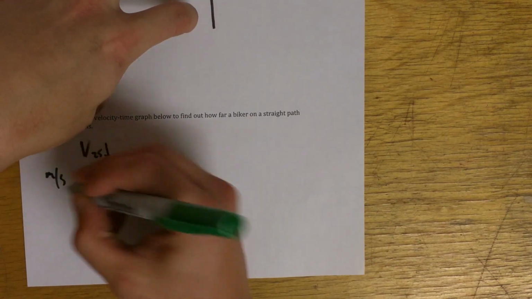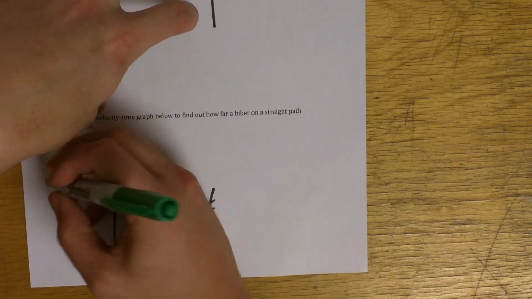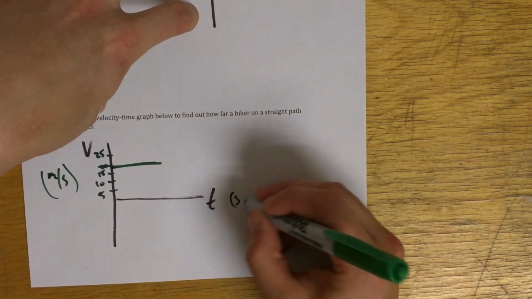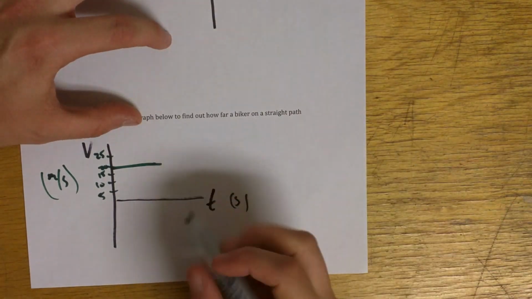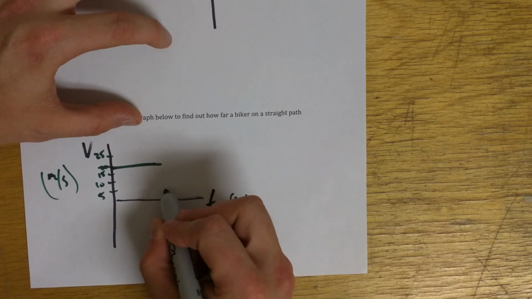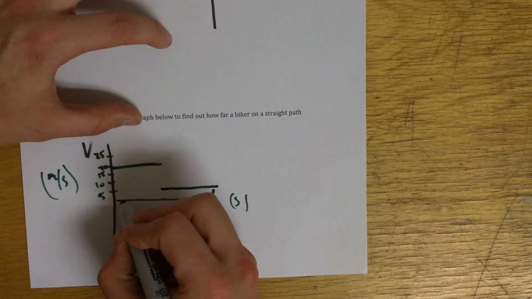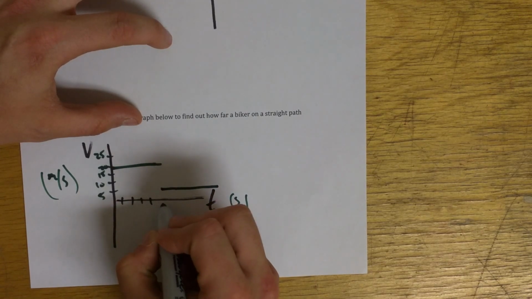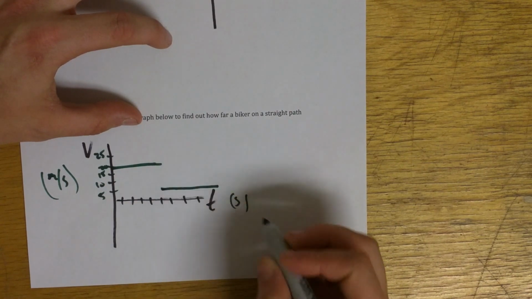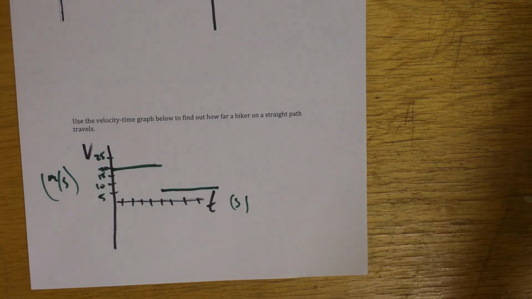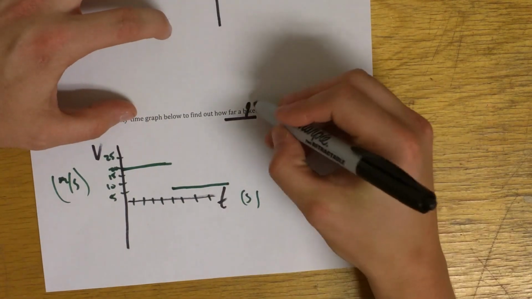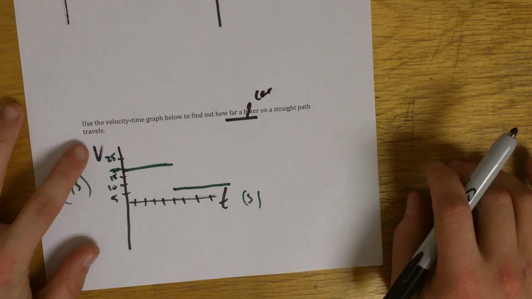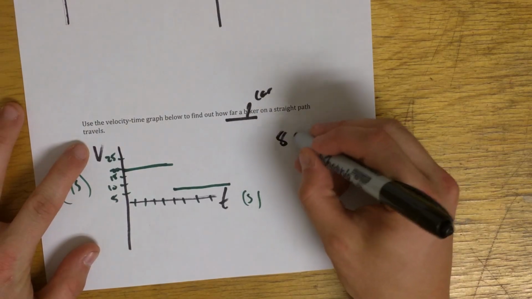Okay, this is in meters per second. This is in seconds. Let's say instead of a biker, this is a car. That would make a little bit more sense. 1, 2, 3, 4, 5, 6, 7, 8. Okay, so I want to figure out how far the car has gone on the straight path after, let's say, 8 seconds.